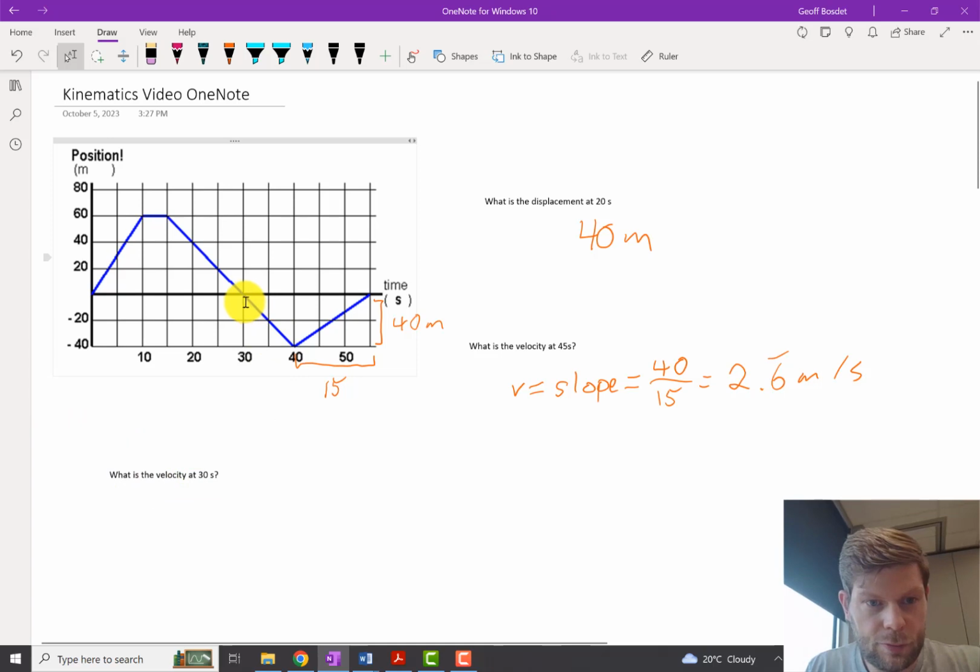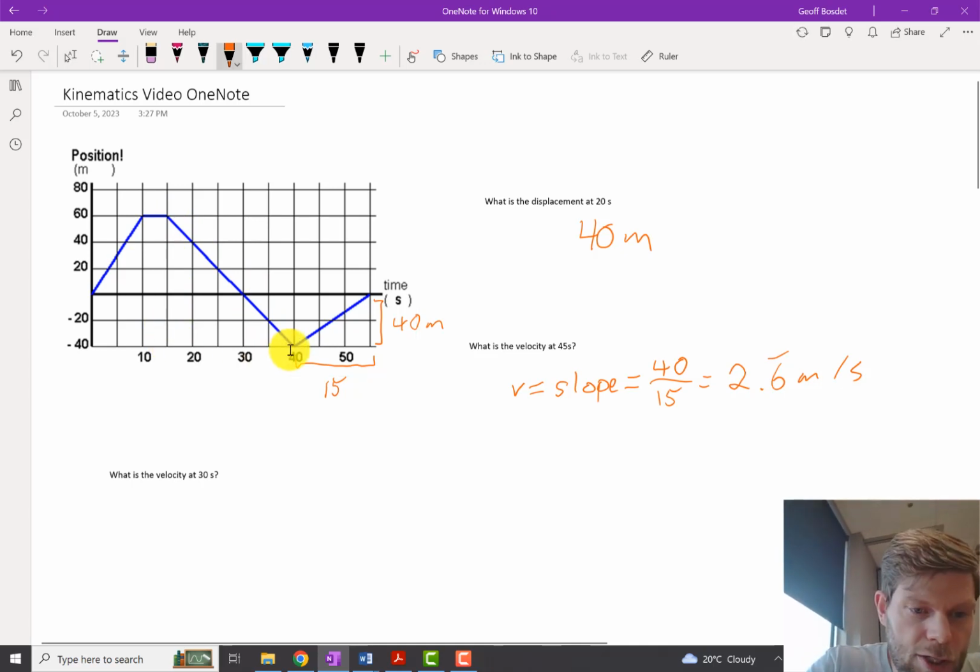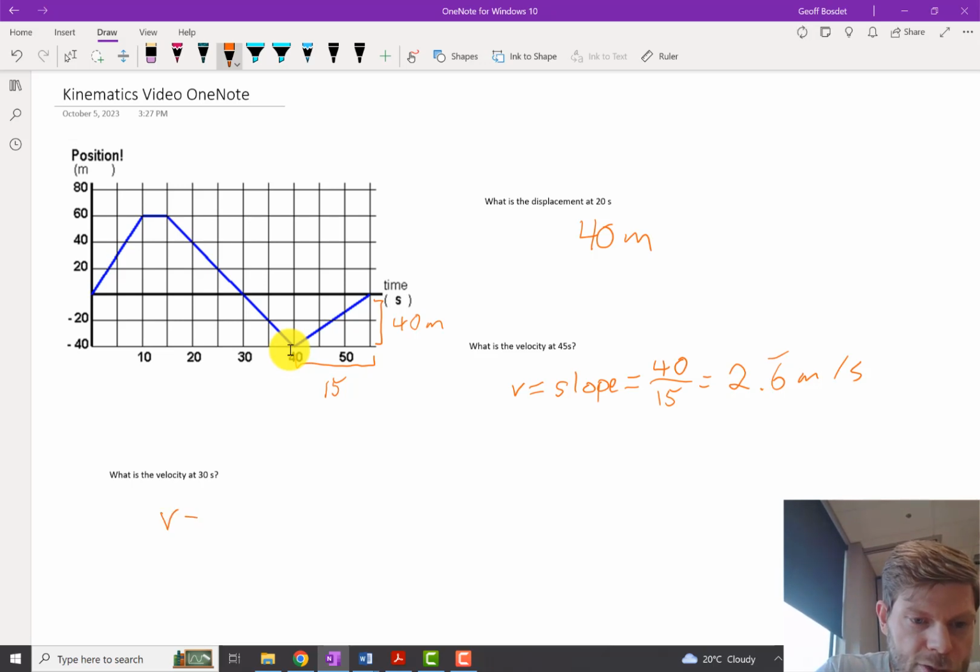Again, velocity at 30. 30 lies along this line right here. I don't really care where, because it's the same tiltiness everywhere, same velocity the whole time. So I'm just going to use the whole line to figure out the slope, because the velocity on a position time graph is the slope. In this case, my rise is actually a fall. It goes from 60 to negative 40, so it dropped by 100.